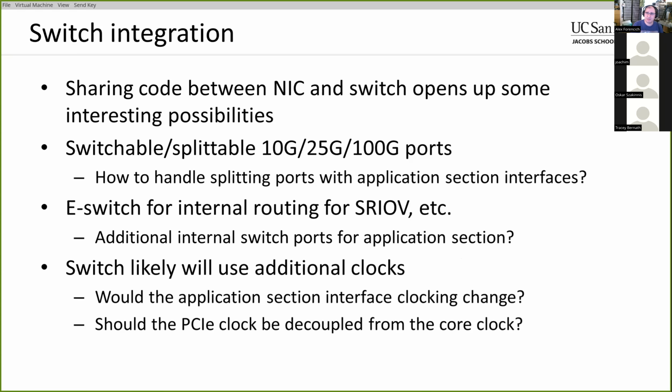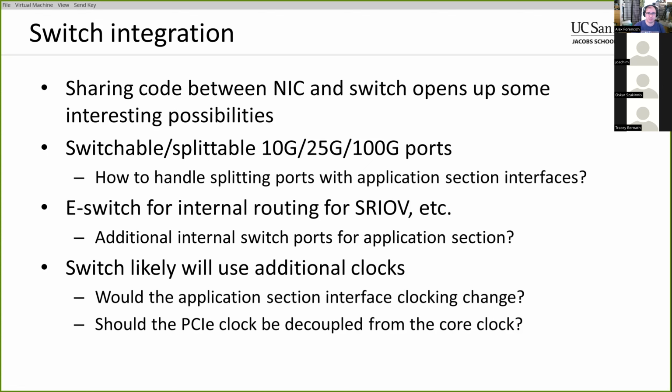All right. And then another component that I'm still getting my head wrapped around is what is going to need to be done when we integrate the switch into Corundum, mainly in terms of clocking and the application section interface. So if we're going to put the switch on there, then we've got to think about things like handling port splitting, right? 100 gig port versus 4 25 gig ports.